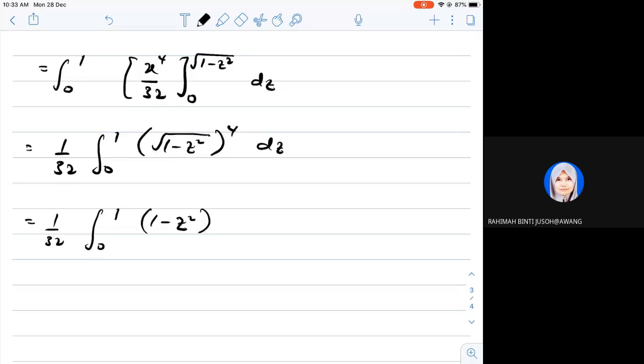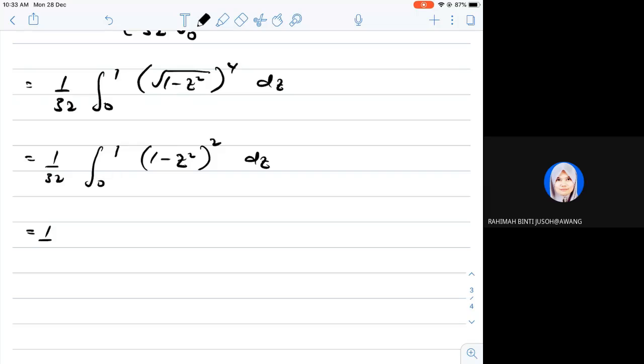So it becomes power 2 like this, right? dz. So we can expand this: 1 over 32, 0 until 1, 1 minus 2 times 1 times z squared, so we will have negative 2z squared plus z to the power of 4, dz.